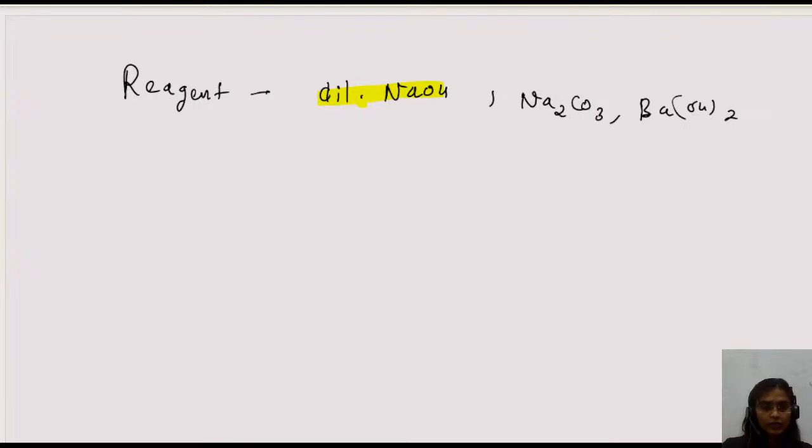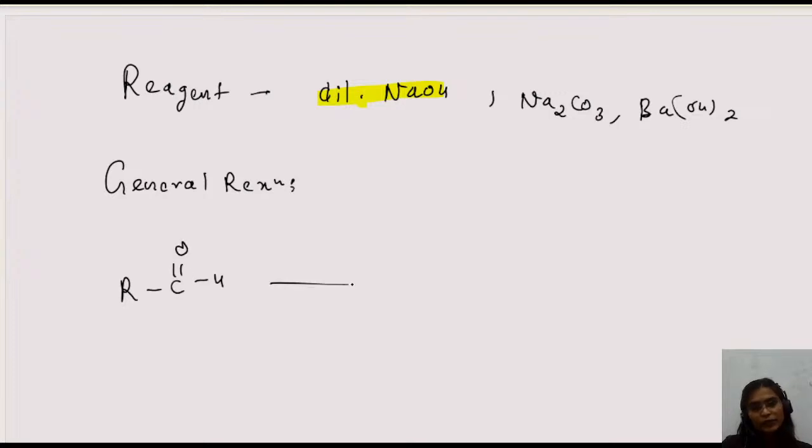Now the third thing: let's see a general reaction. You have to start with an aldehyde like RCHO, and we are using the base NaOH.